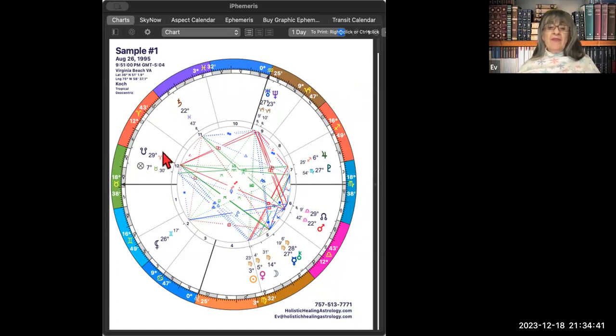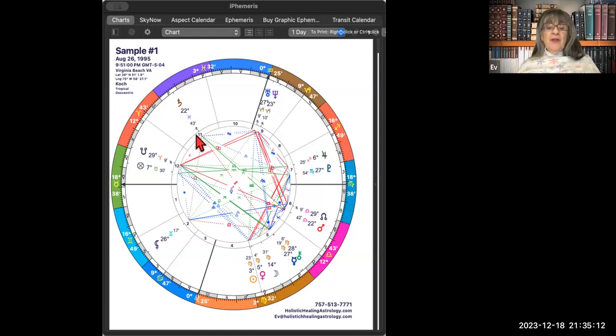Then we have the placements in this other circle of all the planets and points, and they're represented by symbols or glyphs. And there's also numbers we'll get to later. Those numbers represent degrees, because that's how we get the precise placement.